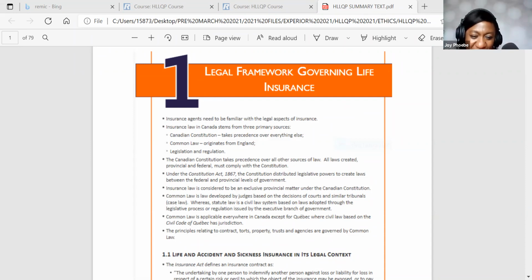Let me see if I can find it. A policy with an irrevocable beneficiary designation is exempted from execution of judgment and seizure by creditors. Insurance defines beneficiary as a person other than the insured.